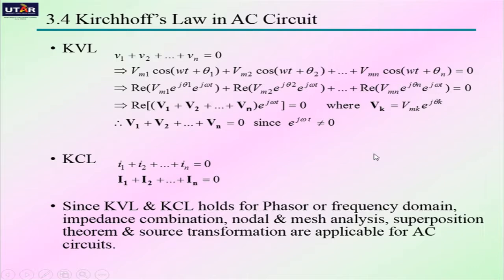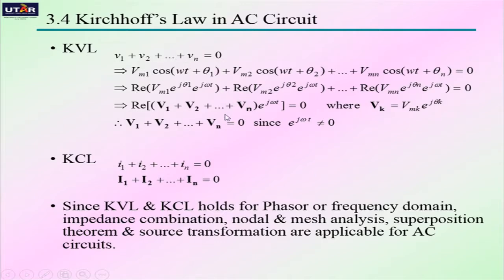Now whatever we have learned in DC circuits can actually be applied in AC circuits. Kirchhoff's voltage law and Kirchhoff's current law that we learned in DC circuits can be applied here in AC circuits. The difference is that in DC circuits, only real magnitudes are involved, while in AC circuits, real and imaginary magnitudes, or rectangular form, are involved.